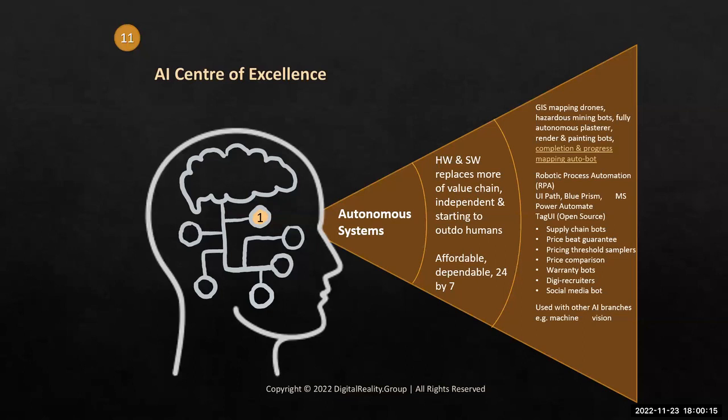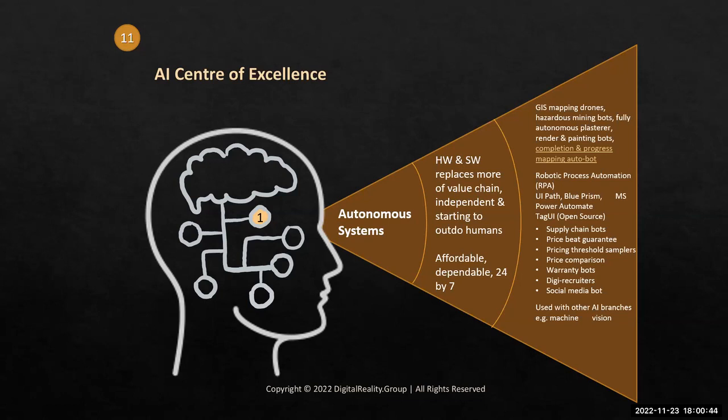I'll talk about RPA and the potential dangers and high cost of using RPA later. You've got your wannabe robotic process automation platforms, which is MS Power Automate. You've got open source versions of that, TagUI. If you are a Singaporean citizen or PR, you have access to free education. If you log into a portal, you can Google for it.